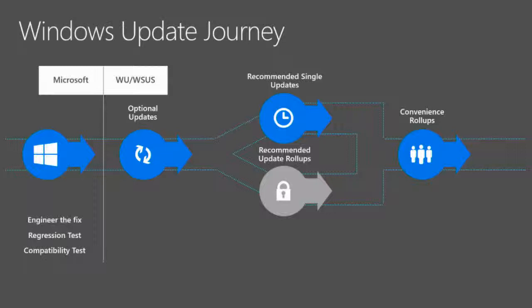And there were questions earlier about monthly roll-ups. We did monthly roll-ups until last December, and then no more monthly roll-ups. I'll talk about roll-ups in more specific terms in a second, but I just want to mention quickly on this slide that once these single updates or update roll-ups have been in market for a while, we then started building them into convenience roll-ups.